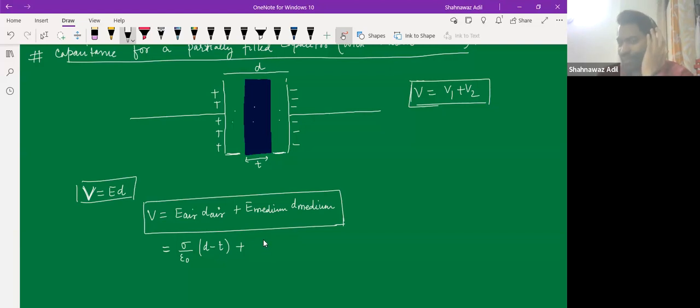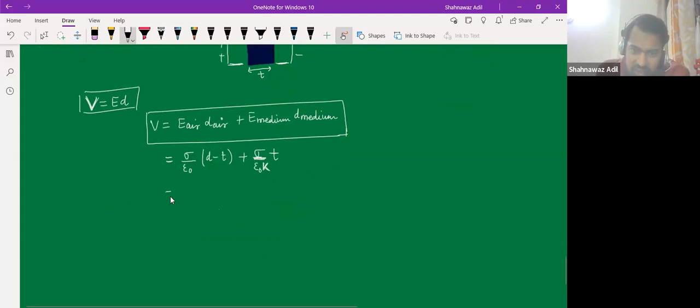Sigma by epsilon, which is epsilon naught K. And the distance in the medium is this thickness T. So now if we take the common factors, we get sigma by epsilon naught times D minus T plus T by K. So this is my voltage.